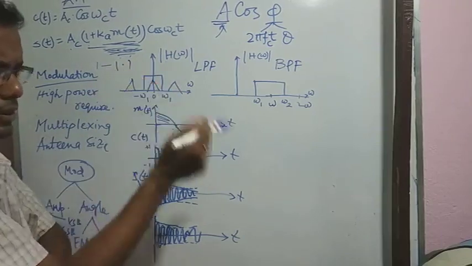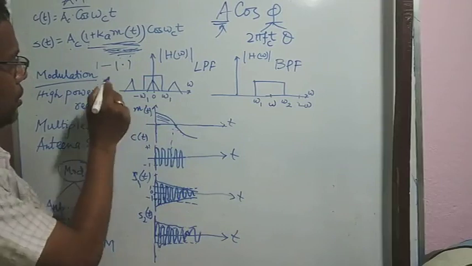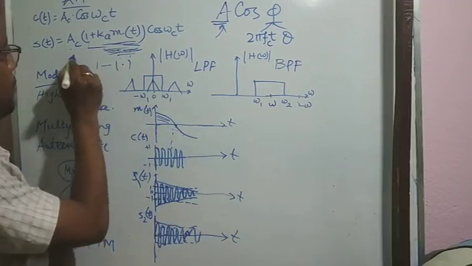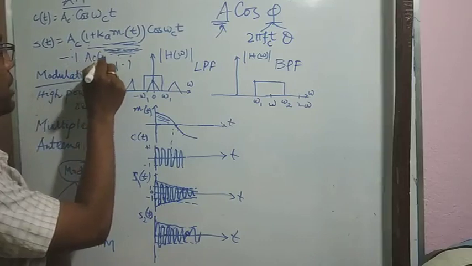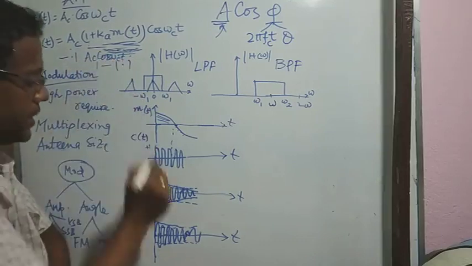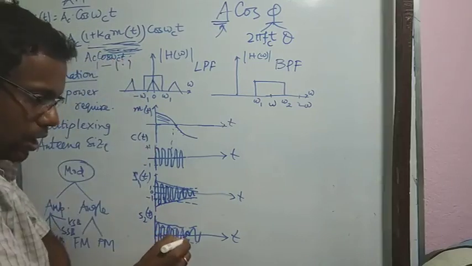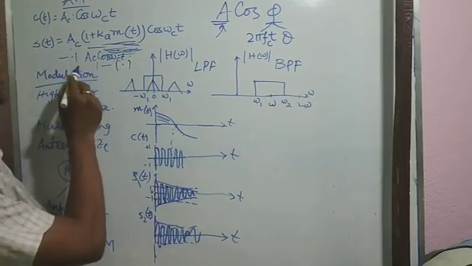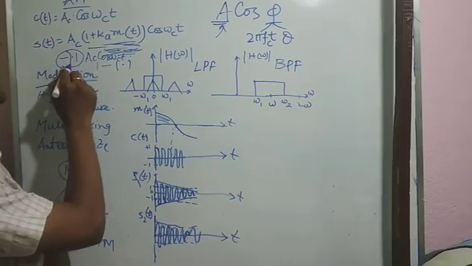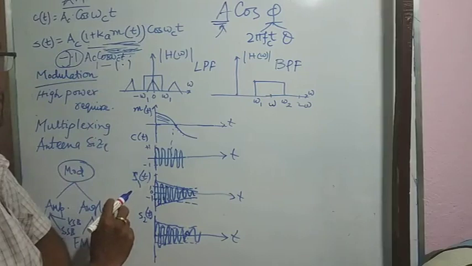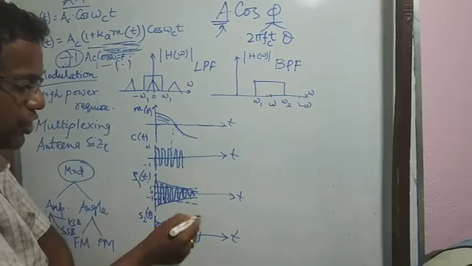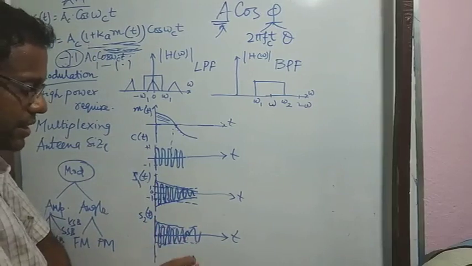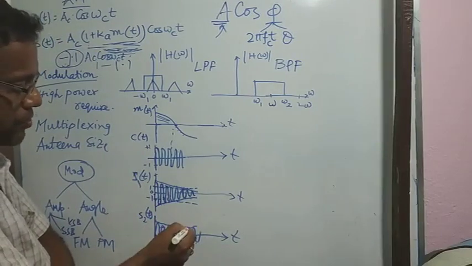It can happen. Then this part will become minus 0.1 Ac cos omega_c t. That means the carrier signal which is going downward will now change its phase as there is a negative sign. It will be minus cos omega_c t. Therefore, it will change the phase, it will change the direction, there will be phase reversal.